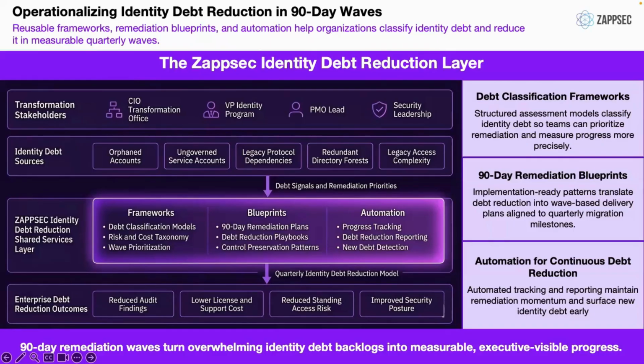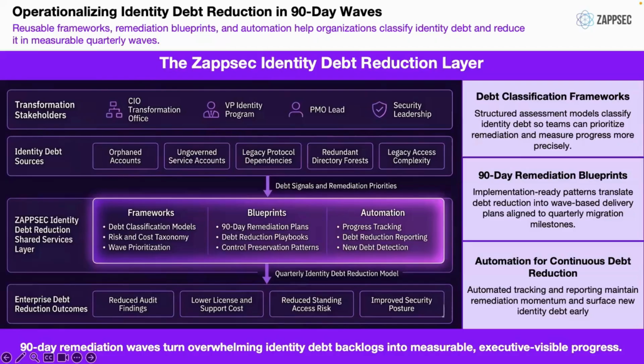And finally, we have the automation, which is basically the continuous tracking of debt reduction and detection of new debt as it appears. So if orphaned accounts are recreated or ungoverned service accounts are provisioned after remediation, the automation would catch that and prevent the debt from quietly accumulating again.